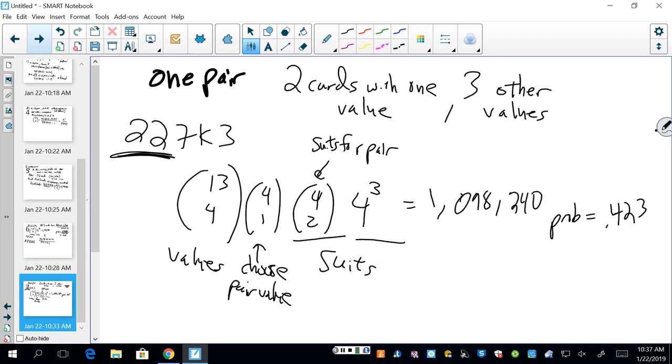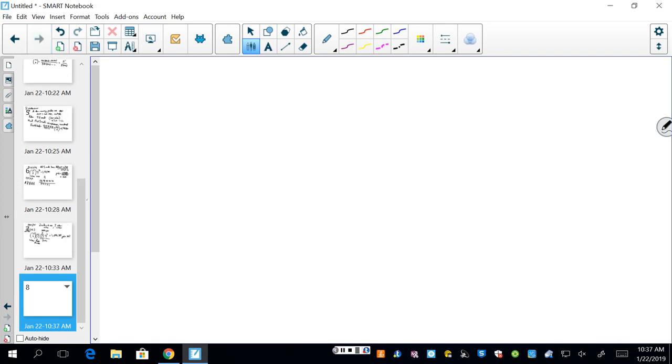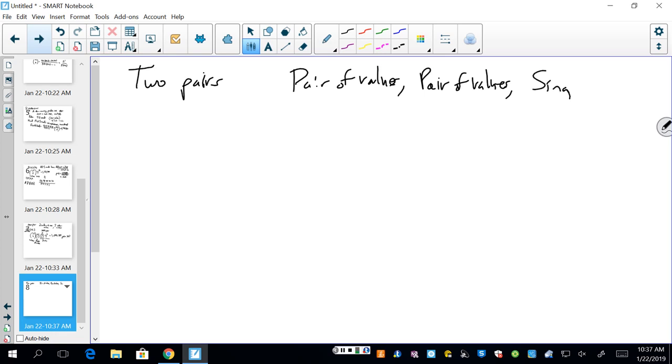Let's do one more of these to get some practice. 2 pairs has a pair of values and then a different pair of values on 2 other cards, and then a third single value.